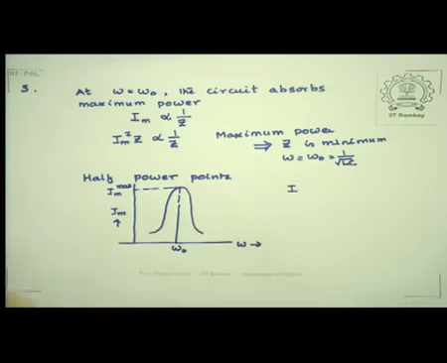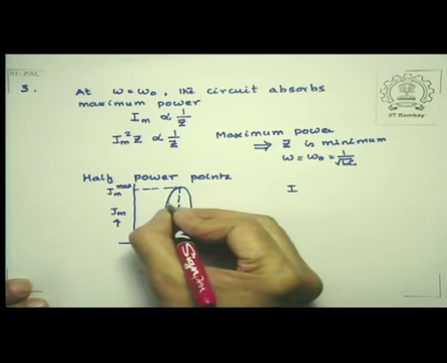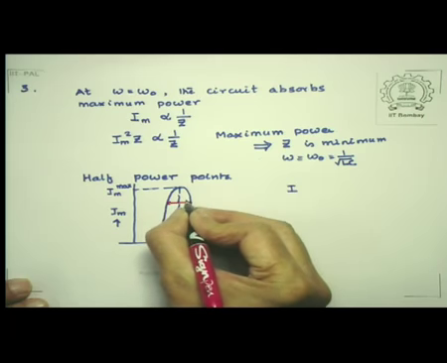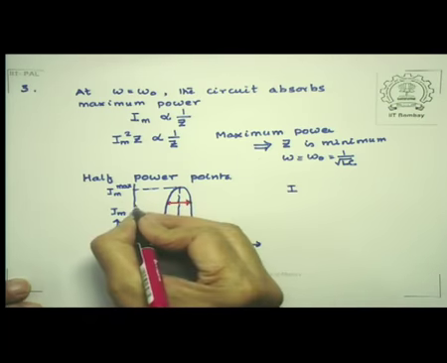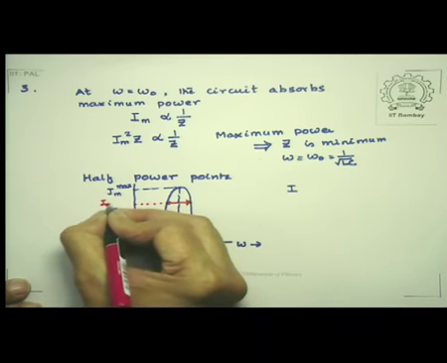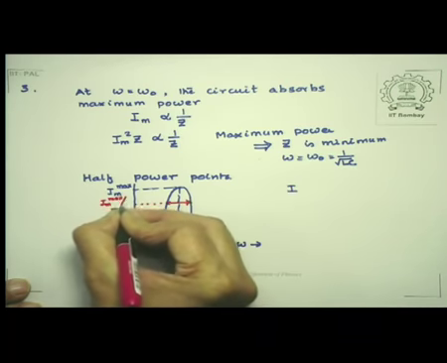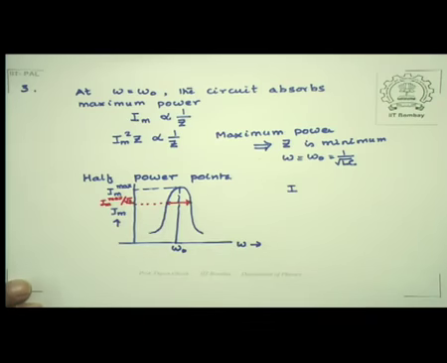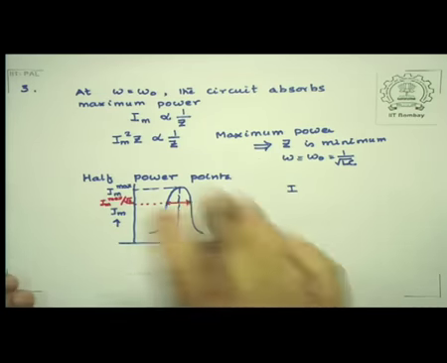Now when I look at a pair of points for which Im is equal to Im max by square root of 2, so this is Im max by root 2, about 70% of the maximum. So there the power absorbed is half of the possible maximum.